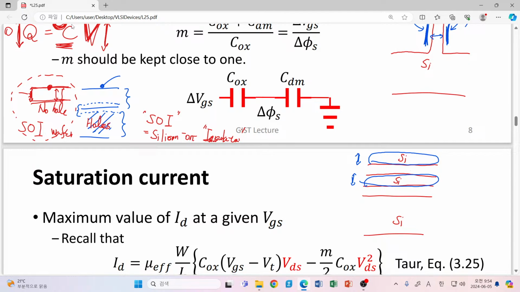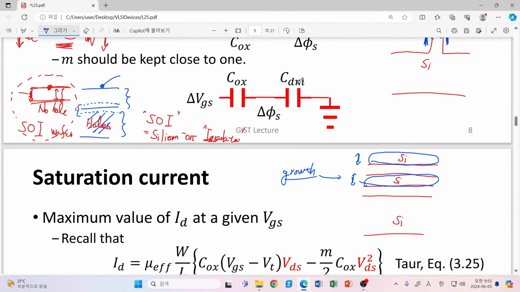In this case, the thickness is defined when you grow this silicon layer. This growth process can be controlled quite accurately, one atomic layer after another atomic layer. So you have much better controllability of the thickness. Please think about this one.